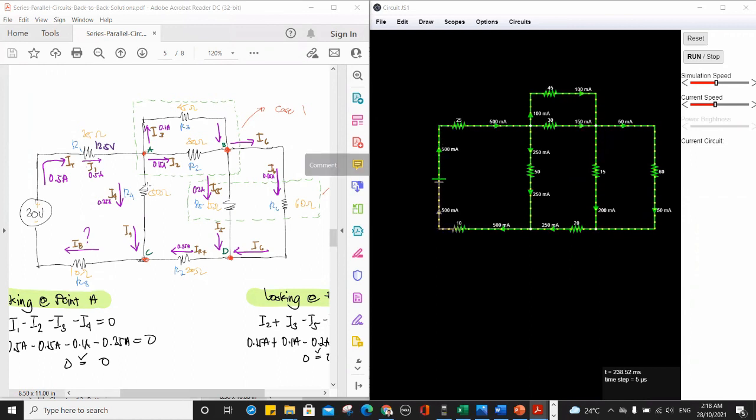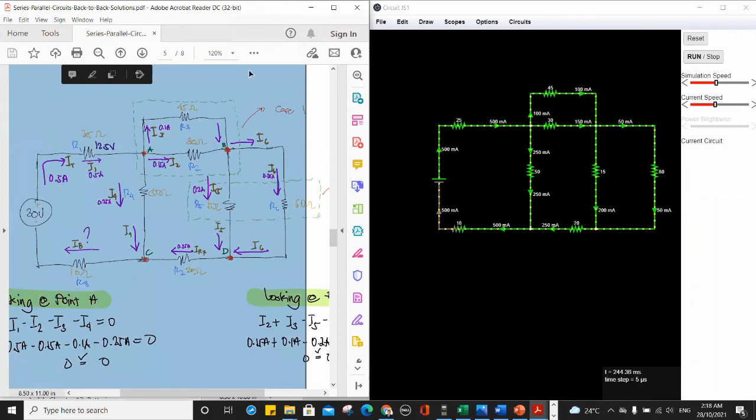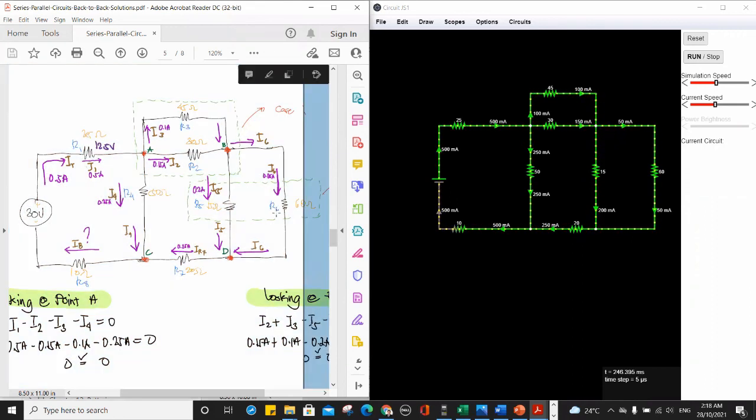So as we all know, the total current flowing in the entire circuit is 0.5 ampere. And as we check, I1 is equivalent to 0.5 ampere, or that is equivalent to 500 milliampere. I4 is 0.25 ampere, and that is equivalent to 250 milliampere.